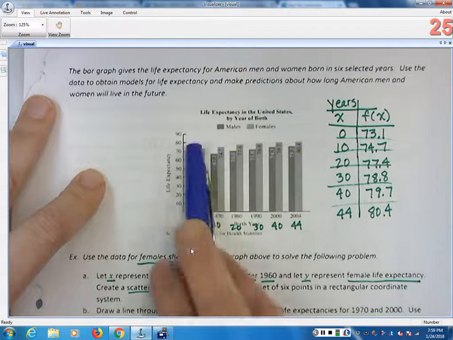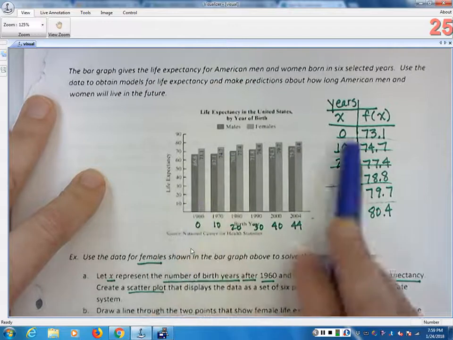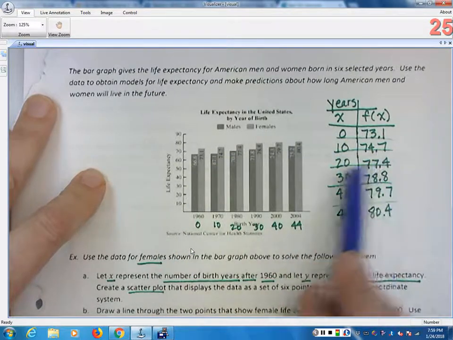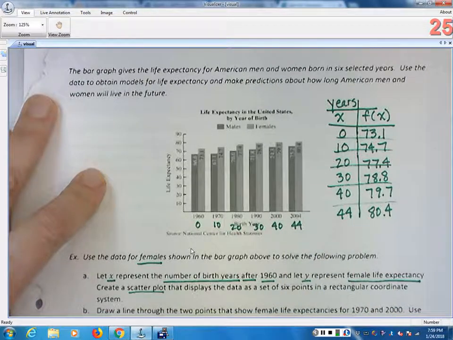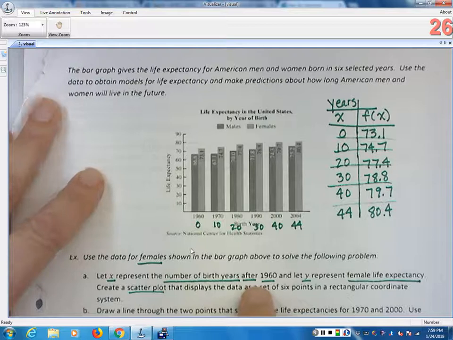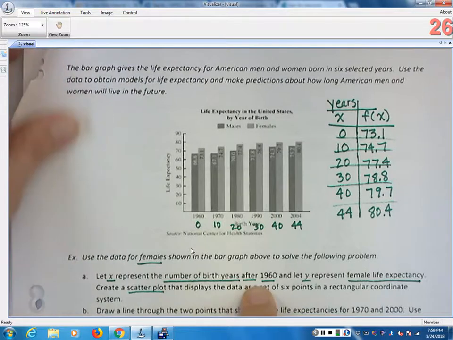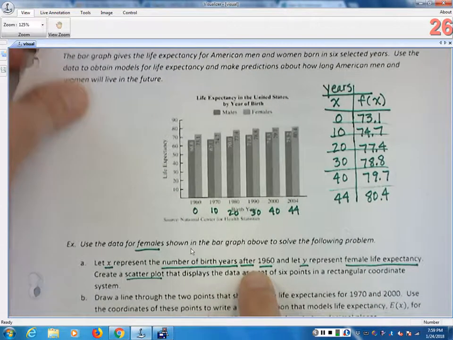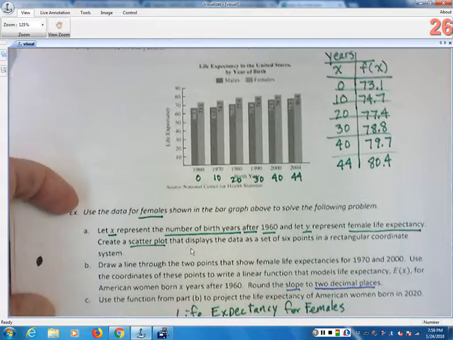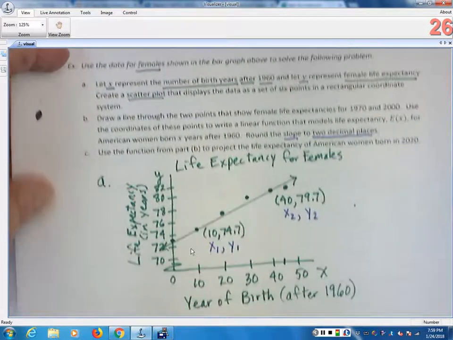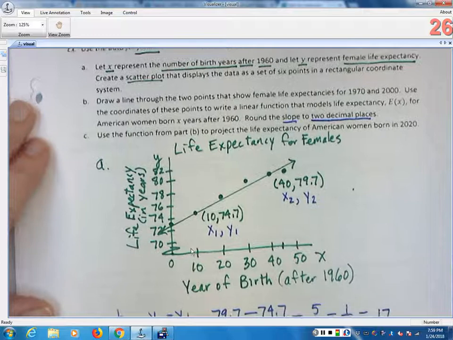That's the lighter gray. It's hard to read those, so I wrote them as a table. And they said to make a scatter plot for the years after 1960, the number of birth years after 1960, and Y is going to be female life expectancy. And this is a scatter plot.